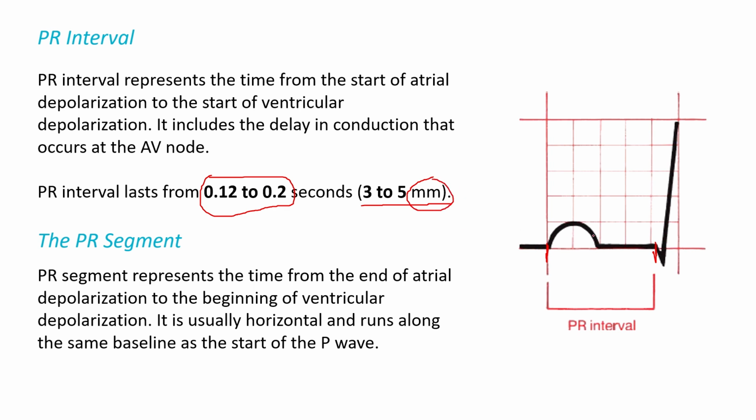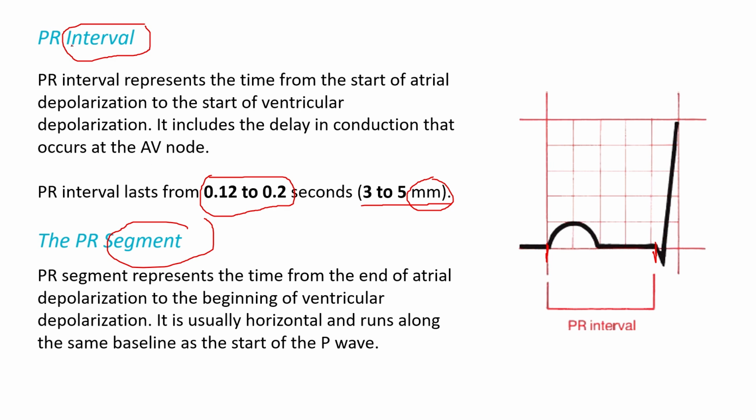So 3 to 5 small boxes represent the normal PR interval. Someone might ask, what's the amplitude of the PR interval? That's wrong. When we talk about an interval, we only talk about time. When we talk about a segment, we talk about elevation and depression. So always remember this: interval talks about time, segment talks about elevation and depression.